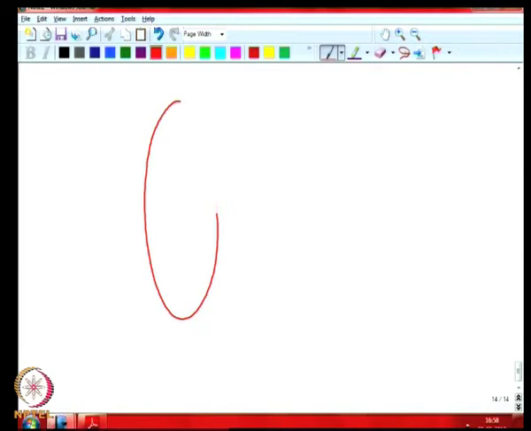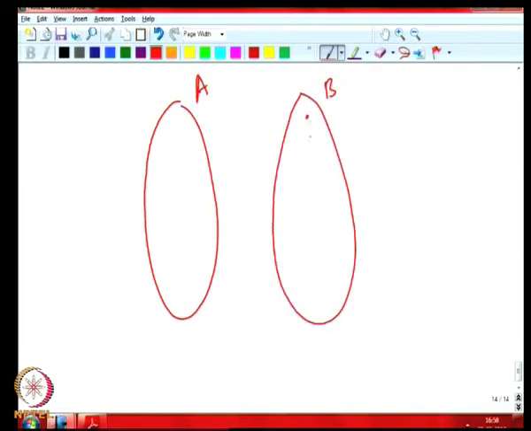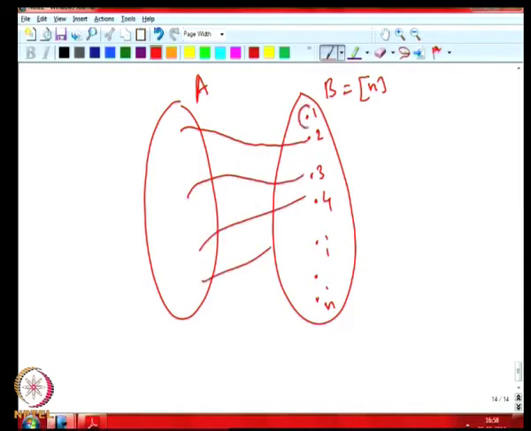Now when we consider onto functions, what are the desirable properties? So this being A and this being B, say the members of B, for the time being let's take the cardinality of B equal to n. So this is 1, 2, 3, 4 up to n. For instance, one of the undesirable properties is that a function is such that 1 does not have any preimage here.